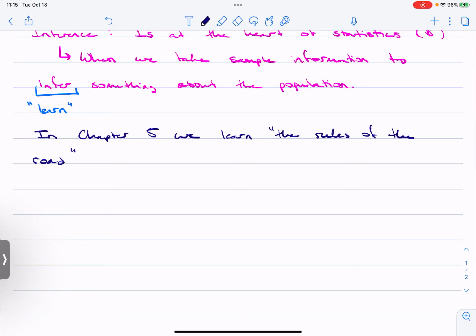Okay. So what we're building towards are, we're going to be building confidence intervals and doing hypothesis testing. Those things mean nothing to us right now, right? But those are the things that we're going to be able to do for each type of question that we come across. Okay?